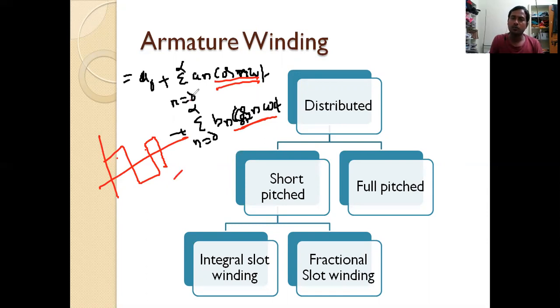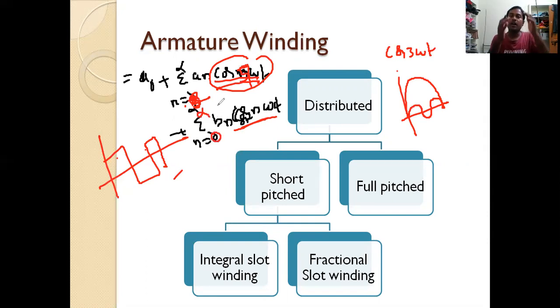For example, n equal to 1 is the fundamental, n equal to 3: if you take n equal to 3 here, cos 3 omega t is nothing but the third harmonic. This is the fundamental, this is the third harmonic. Like that, if you place n equal to 5, 7, you can see summation n equal to 0 to infinity.